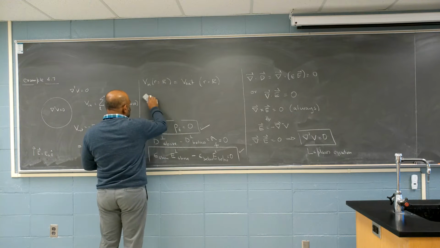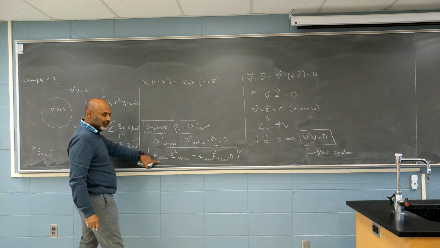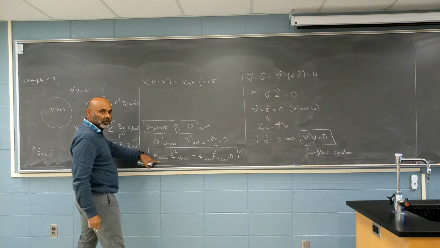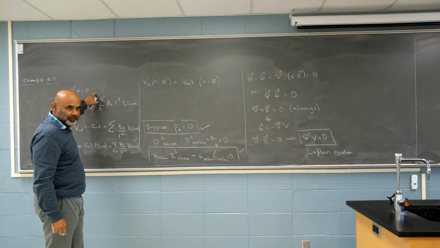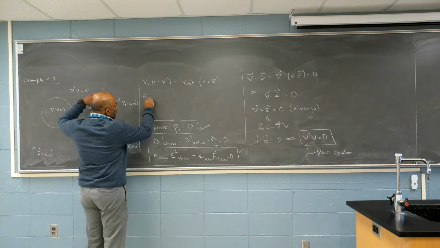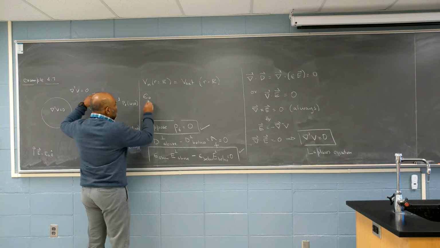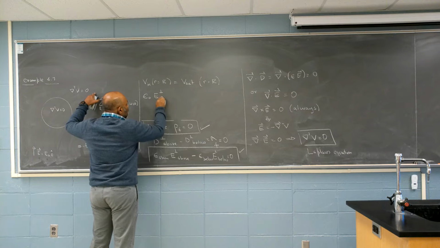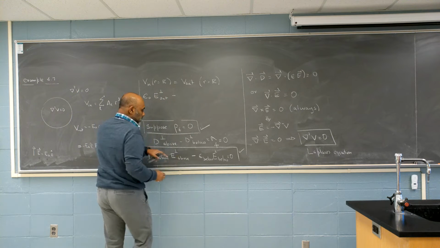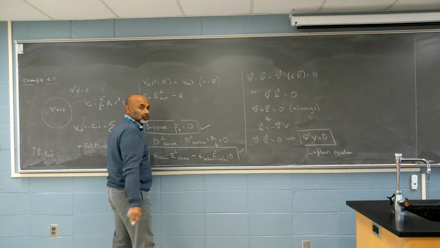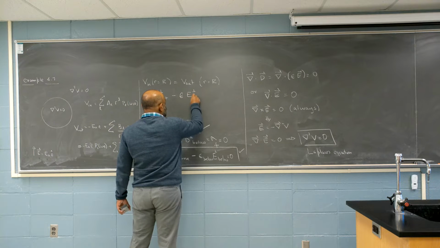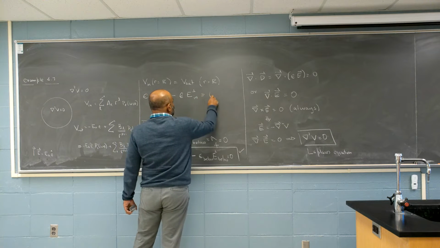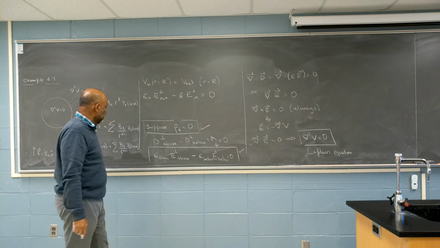Oh, wait a minute. Can I write it like this? Look, E above, I'm going to make that E out, and then over here, outside, it's vacuum. So I can write it as epsilon naught E perp out minus epsilon naught E perp in is equal to 0.